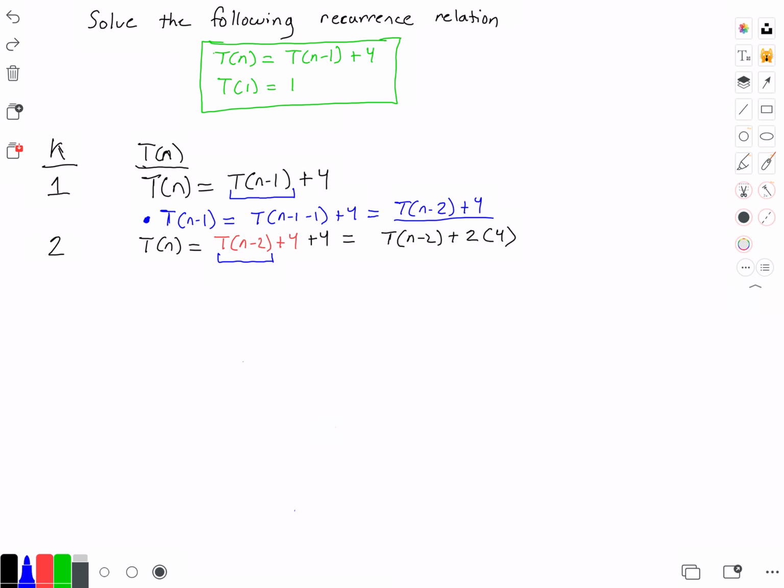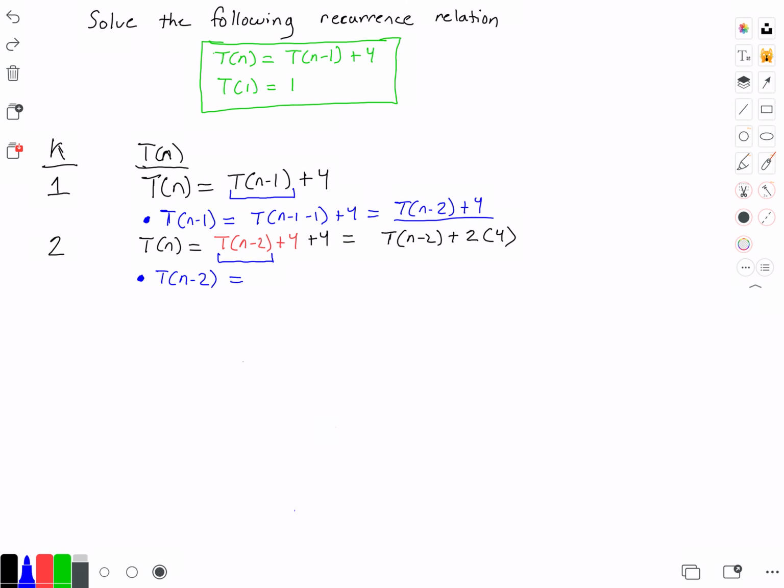And we're basically going to continue doing this until we see a pattern to come up with a general form. Alright, so I don't see a pattern yet. So let's just go ahead and figure out what T of n minus 2 is equal to. We can do the same thing like we did before for the function T of n minus 1. But this time, since we're doing it for T of n minus 2, we need to plug in n minus 2 into our original equation or function instead of n minus 1, right?